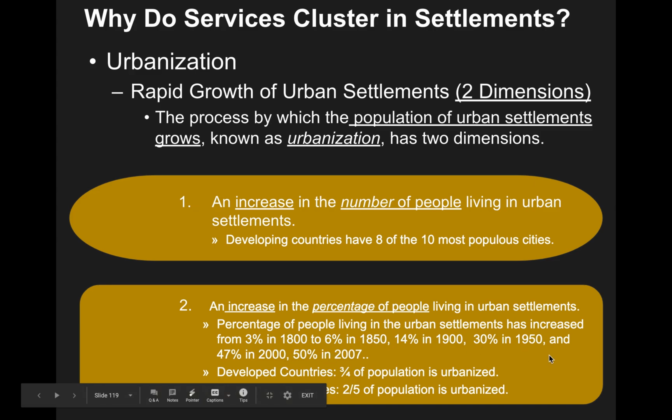So you can see the rapid urbanization growth with the movement through secondary sector jobs, secondary economic based jobs, and then to the now service based economic settlements. In developed countries, three-quarters are urbanized, and in developing countries almost half.